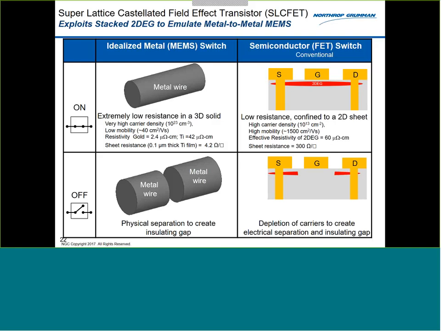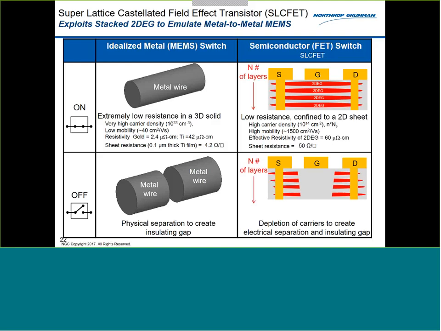So if I can mimic that kind of a metal, by instead of having one 2DEG, adding a whole bunch. Let's say I grow a super-lattice, which is a periodic repeating layer of a heterostructure. For example, in gallium nitride, we use an AlGaN-GaN heterostructure to support a sheet of electrons between those two layers.